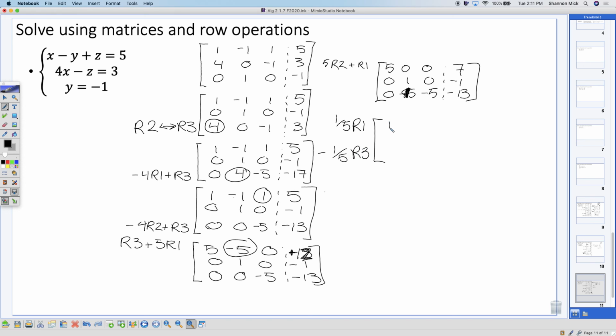So we have 1, 0, 0, 7/5, 0, 1, 0, -1, and 0, 1, and then 13 over 5. Okay, so we get fractions sometimes, but do we want to wait till the end to get them if possible? Yes.